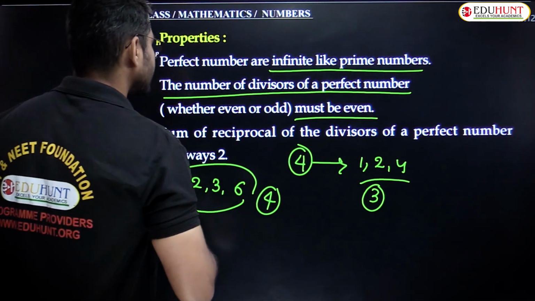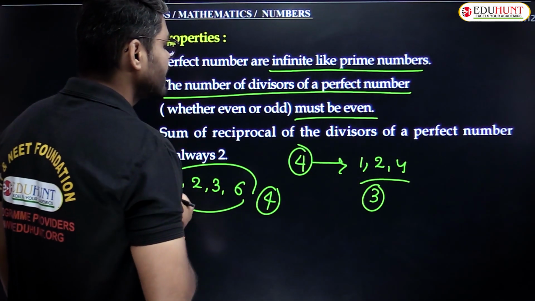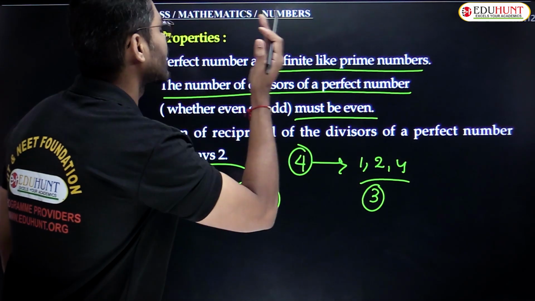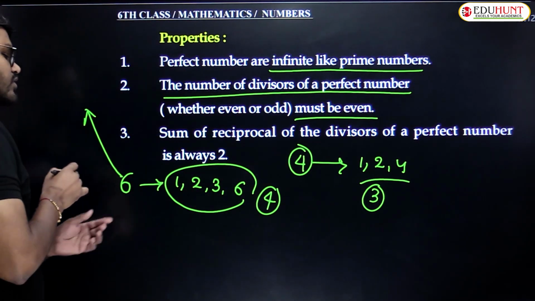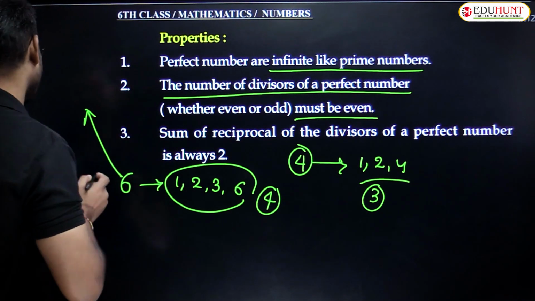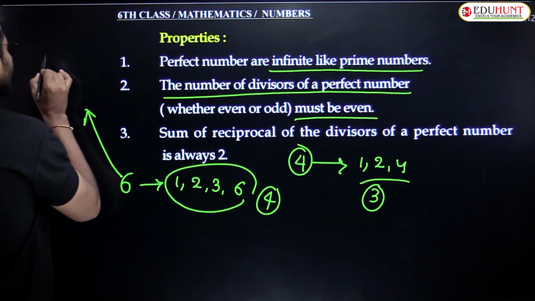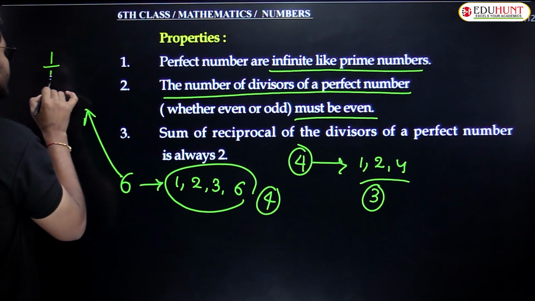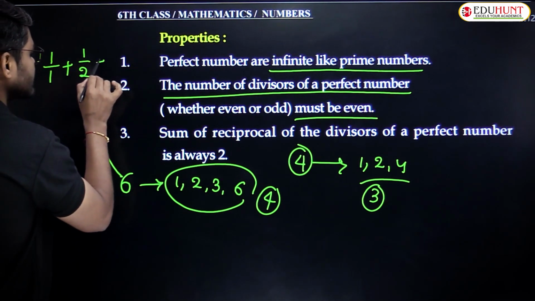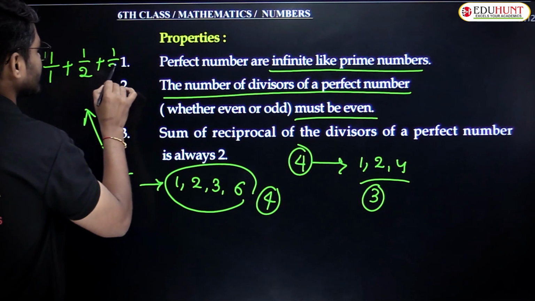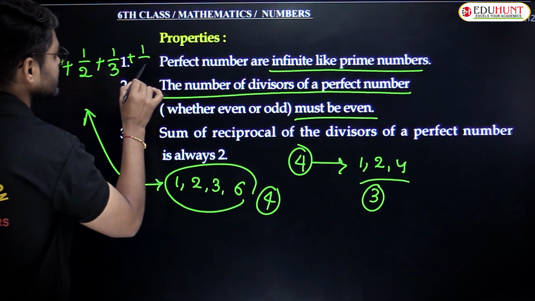The sum of the reciprocals of the divisors of a perfect number is always 2. As we know that 6 is a perfect number, let us take this one. Reciprocal of 1 is 1 by 1, plus reciprocal of 2 is 1 by 2, plus reciprocal of 3 is 1 by 3, plus reciprocal of 6 is 1 by 6.